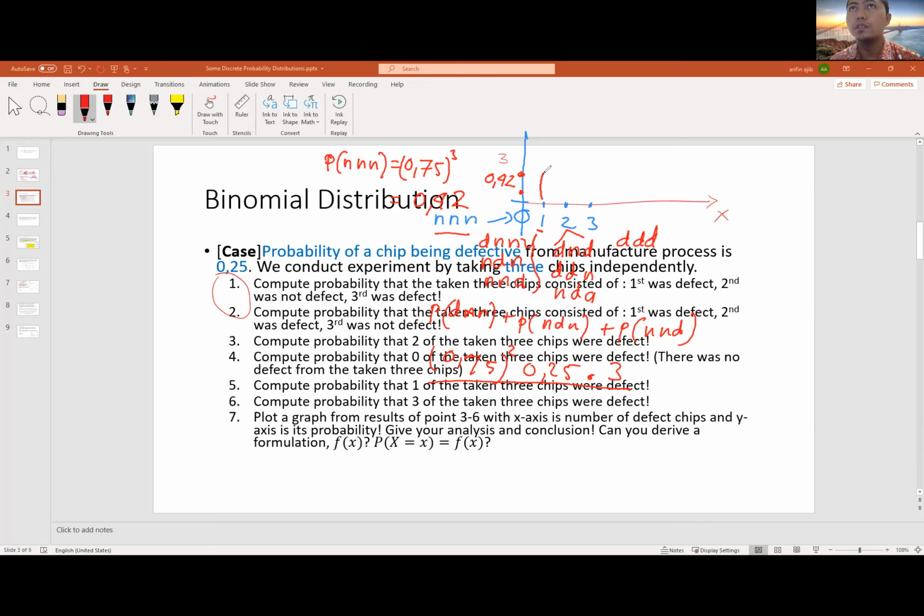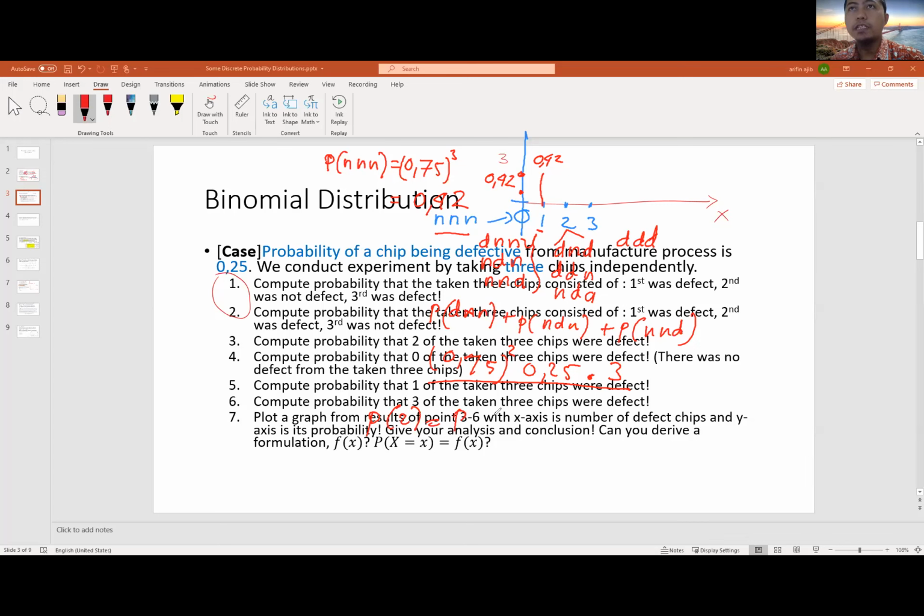Also, this one is 0.42. How about this? Is it correct? 0.25 times 3.